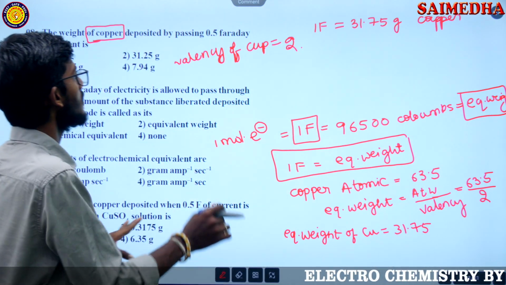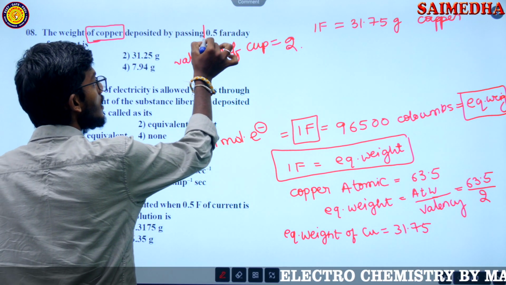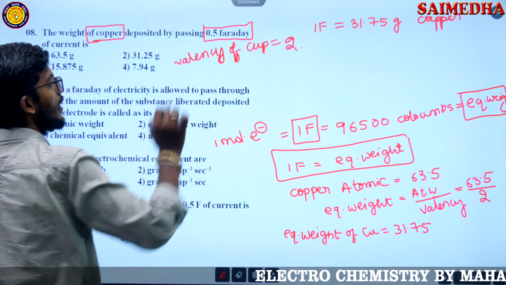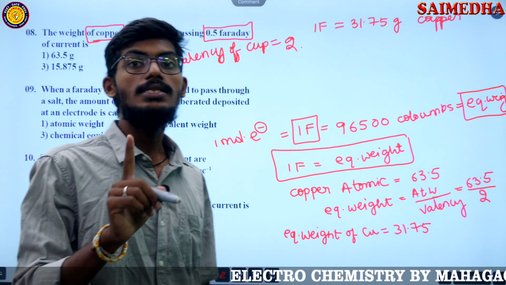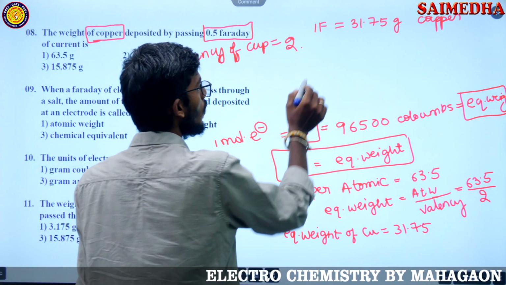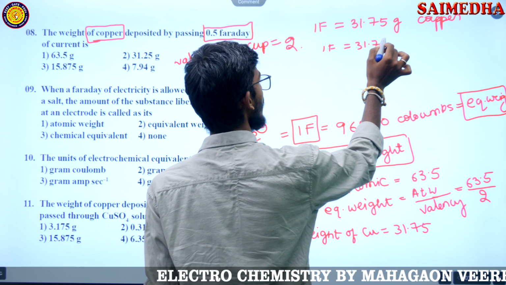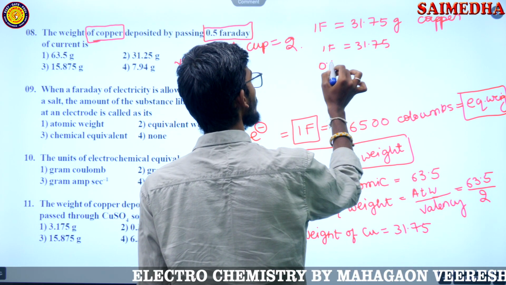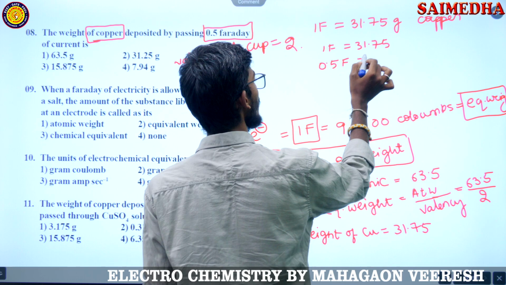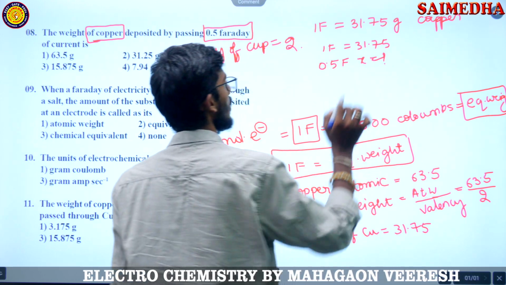Now what is the question he is asking? By passing 0.5 Faraday. So 1 Faraday will give you 31.75, then 0.5 Faraday will give you how much? X grams.